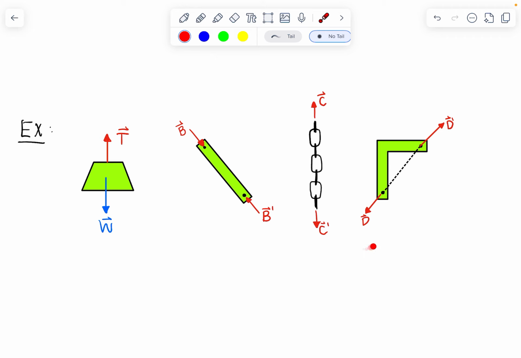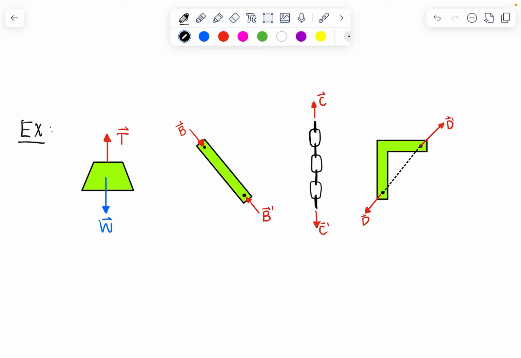And then we've got this kind of L-shaped bracket that has pin joints on either end, and that's being pulled on by this vector D and D prime. So in each case, we have two vectors that are equal in magnitude, opposite in direction, and acting on the same line of action.